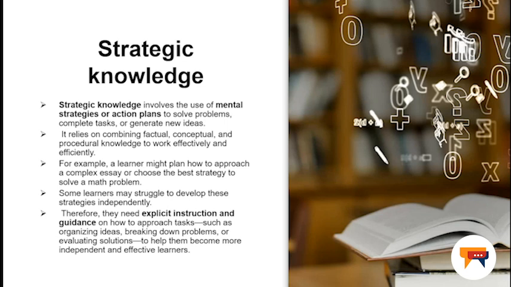For an example, a learner might plan how to approach a complex essay or choose the best strategy to solve a math problem. Some learners may struggle to develop these strategies independently. Therefore, they need explicit instruction and guidance on how to approach tasks, such as organizing ideas, breaking down problems, or evaluating solutions to help them become more independent and effective learners.